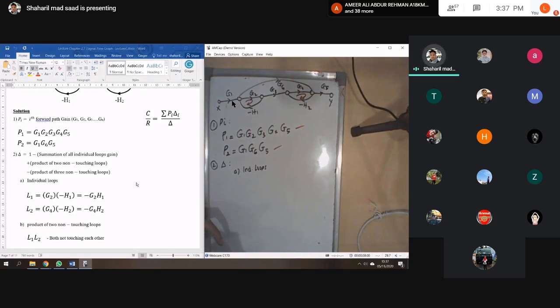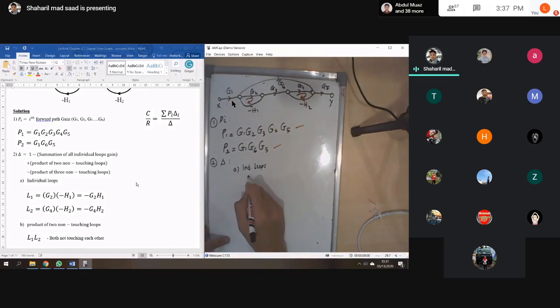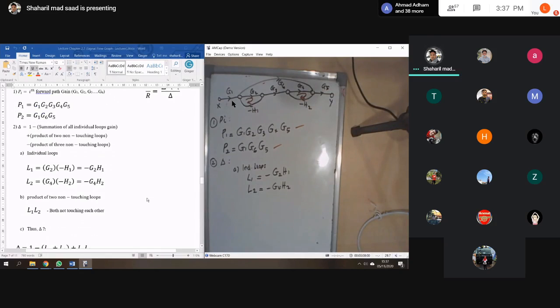So you only have 2 loops, which is L1 equals minus G2 H1, and then you got L2 minus G4 H2. Okay. Boleh clear, okay, right.